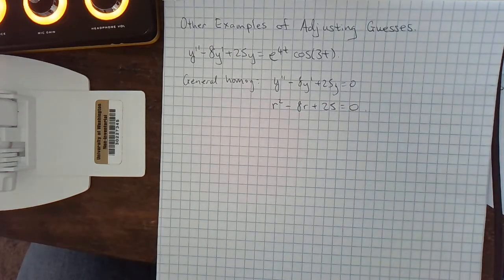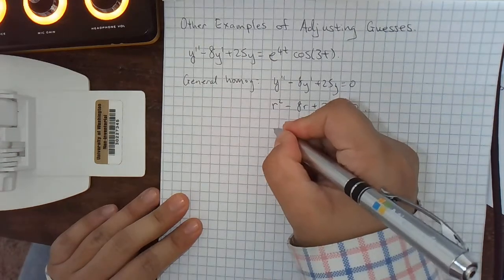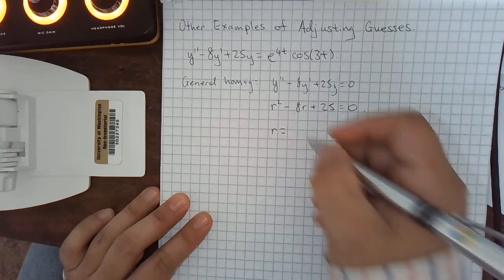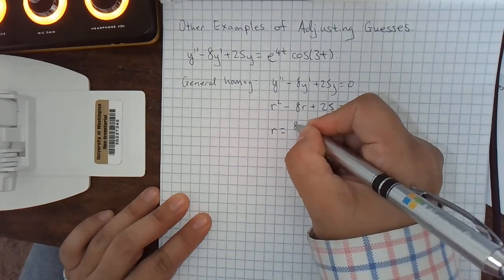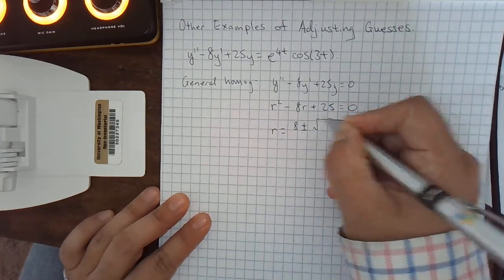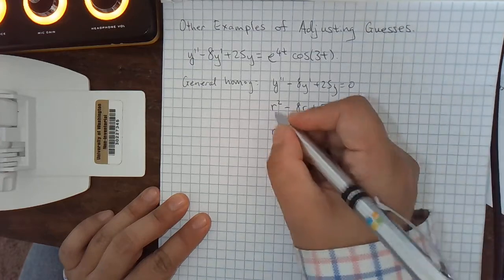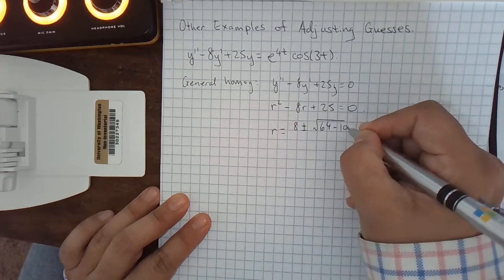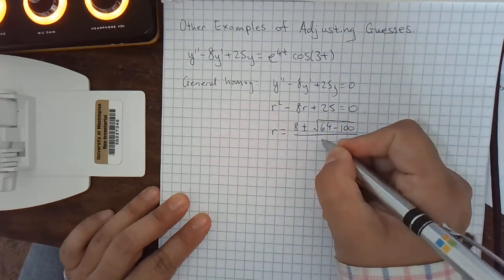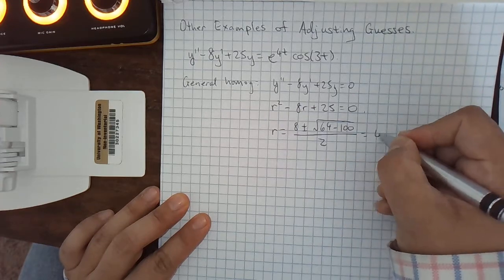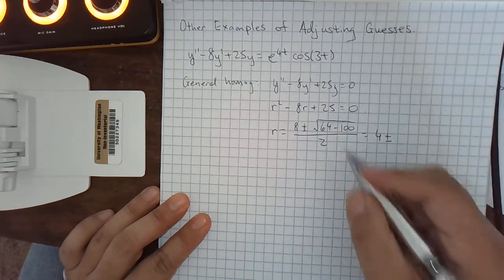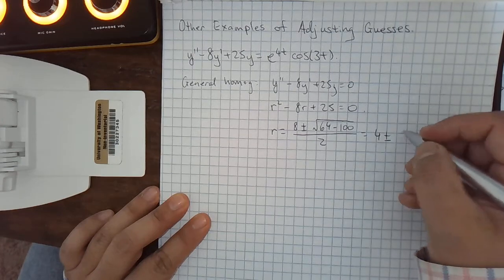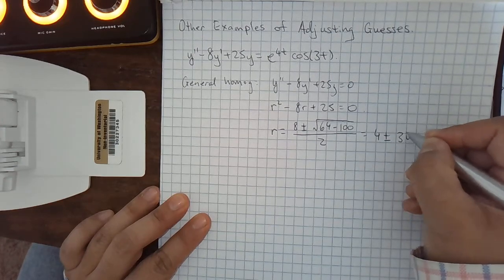And then can we factor that? I don't think so. So we need the quadratic formula. Negative of negative 8 is positive 8, plus or minus the root of 64 minus 4 times 1 times 25, which is 100, over 2 times 1, is 4, plus or minus, and then this is the root of negative 36, so it's 6i over 2, which is 3i.